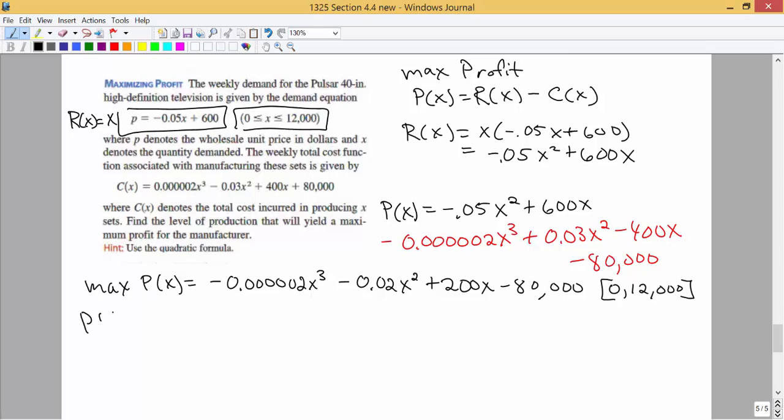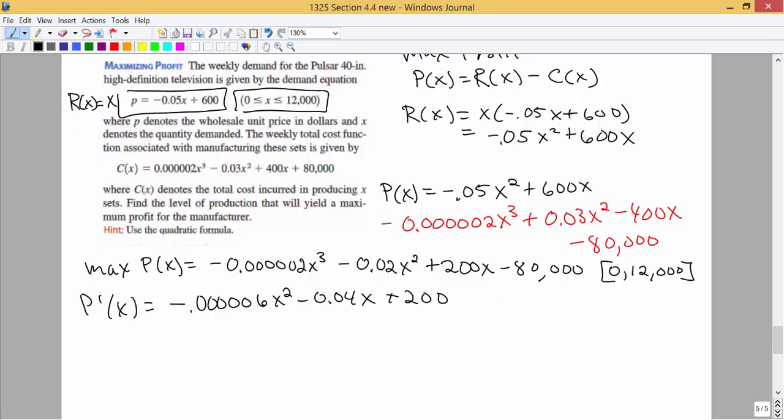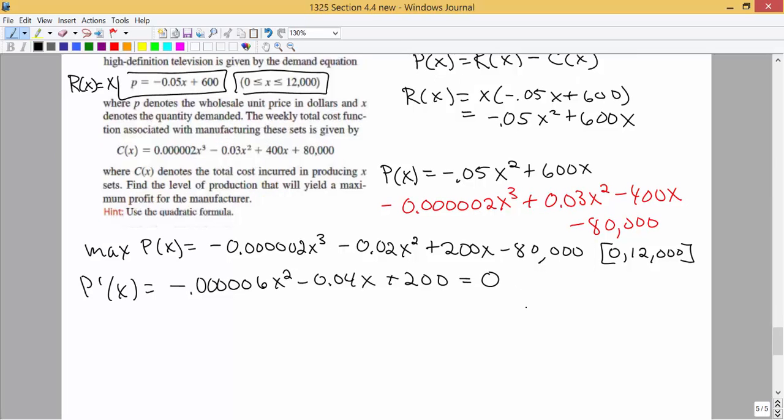So in order to find the max profit, we need to find the derivative. We're going to use our power rule. And we're going to set this equal to 0. And when we do that, we see that we get something that's not going to factor.